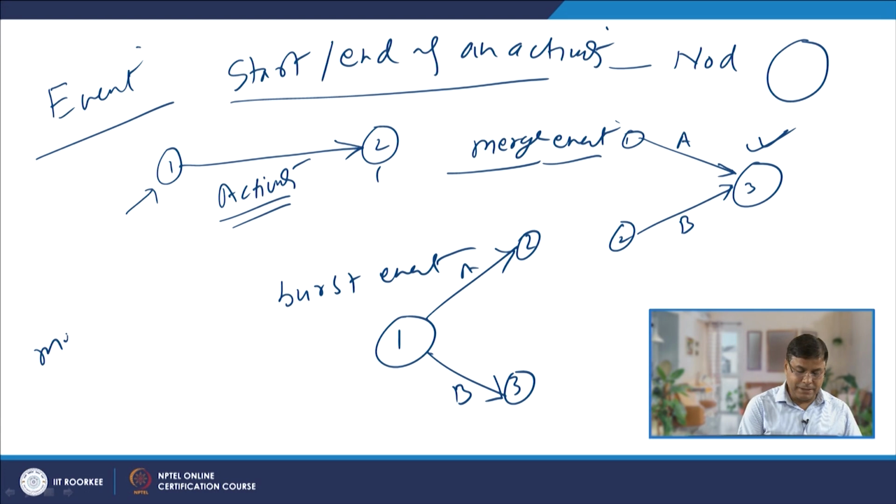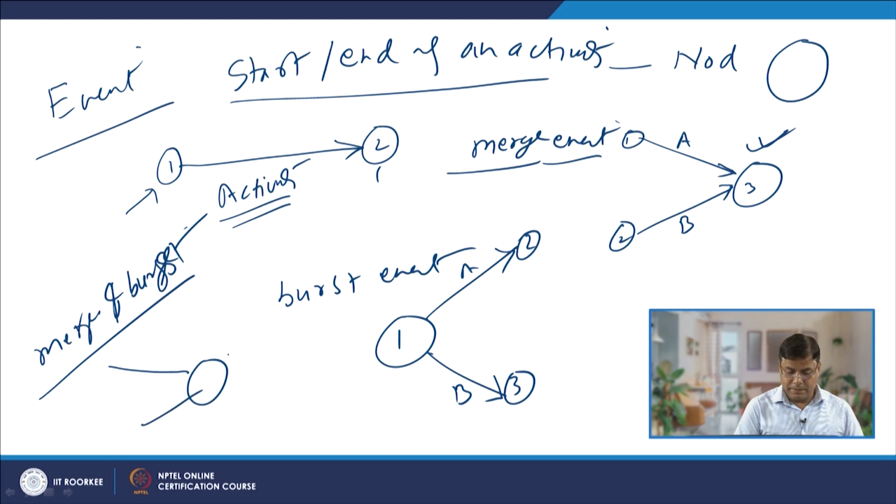Merge and burst events can both be shown like this, where at one event two activities are merging, here A and B. So, 1, 2, 3, 4 and 5.